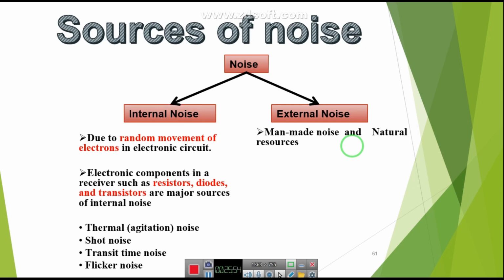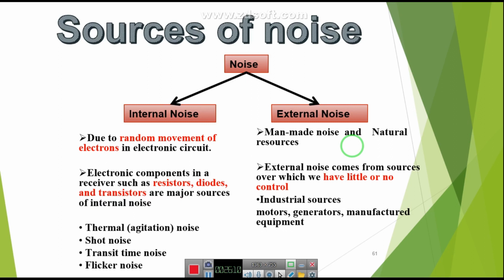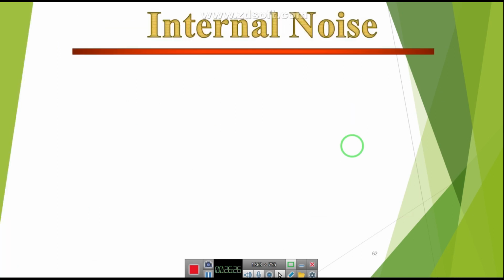External noise includes man-made noise and noise from natural sources. This external noise comes from sources over which we have little or no control, as I already told. Examples are industrial sources, motors, generators, and manufacturing equipment. Then there is atmospheric noise, which comes from natural sources, atmospheric sources, or static electricity.